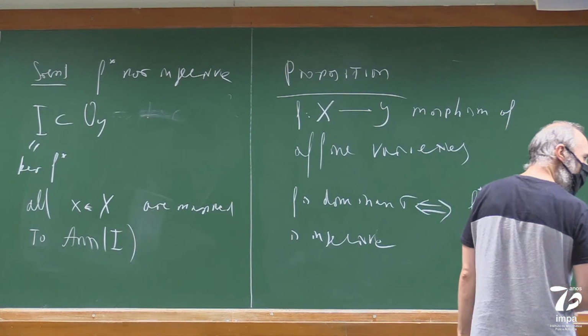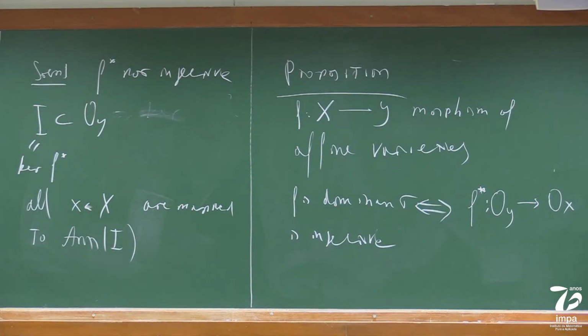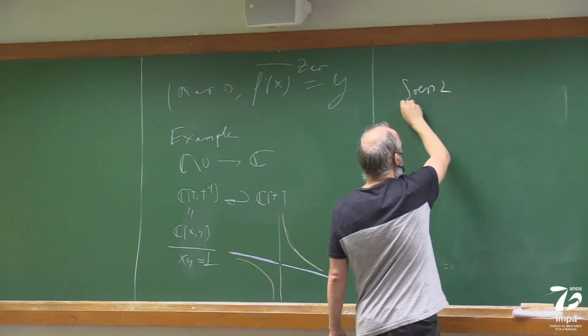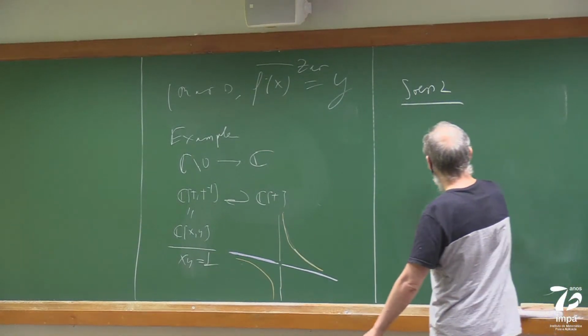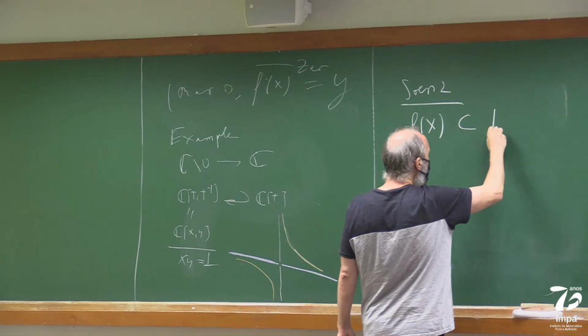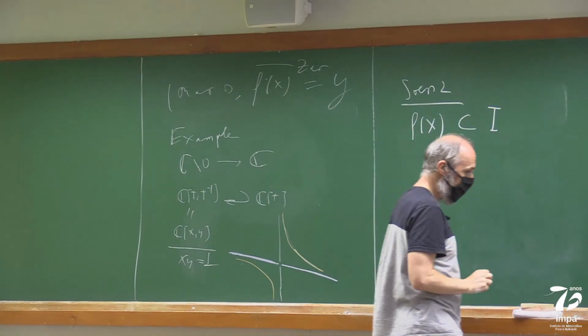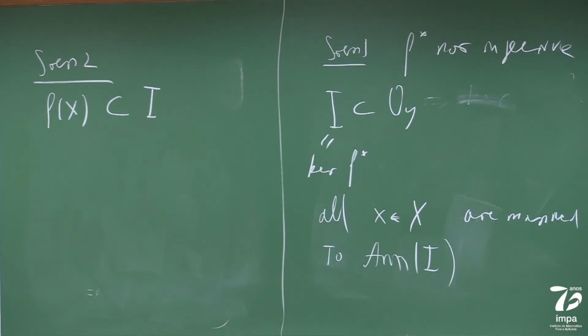Okay, so conversely, step 2. Suppose that f of X is contained in a proper closed subset Z, which is not equal to Y, and I is the ideal of Z. I want to imply that f is not dominant.